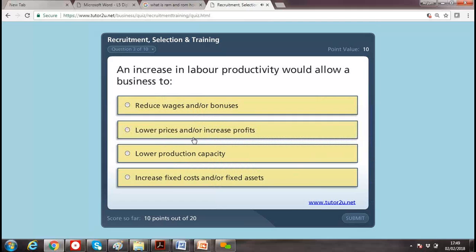We're looking at the individuals. An increase in labor productivity allows businesses to do what when productivity increases? Increase fixed costs and lower prices.